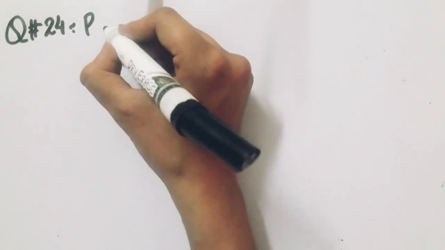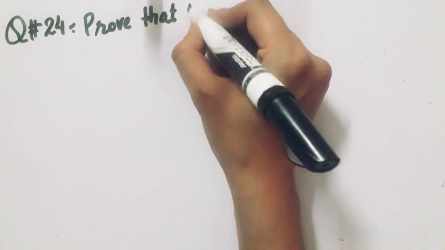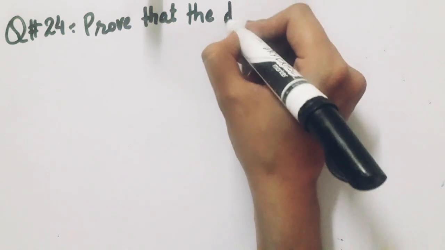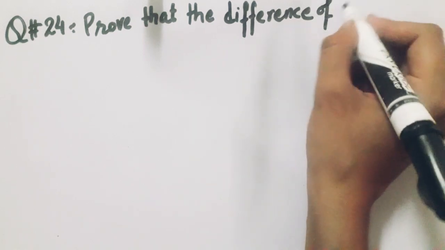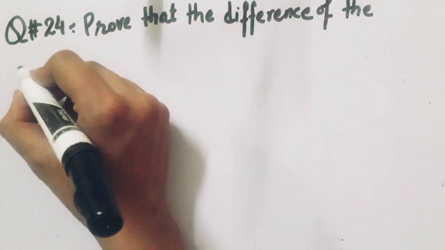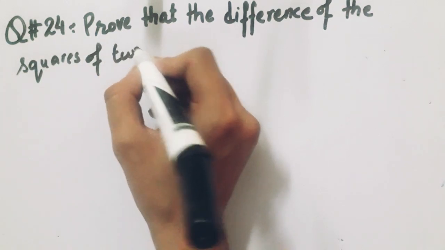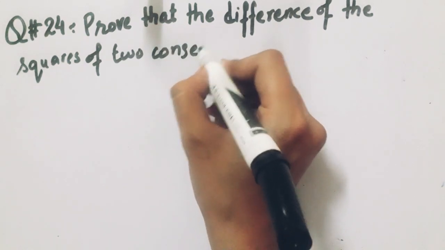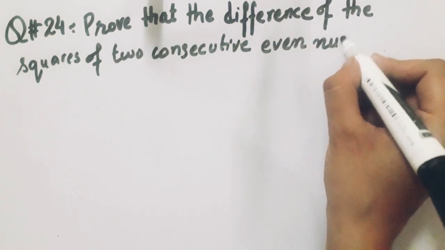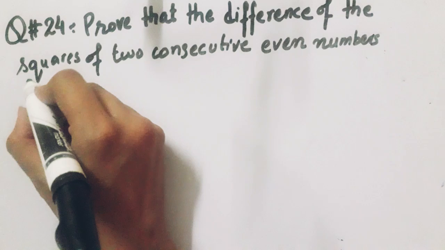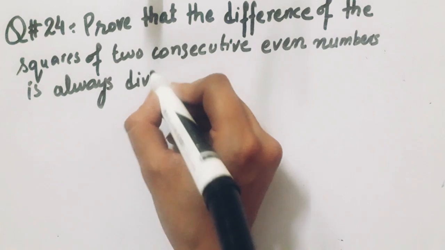Now question number 24 is, prove that the difference of the square of two consecutive even numbers is always divisible by 4.